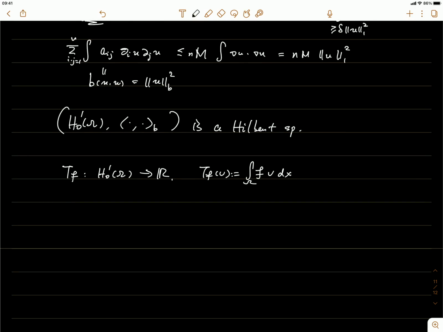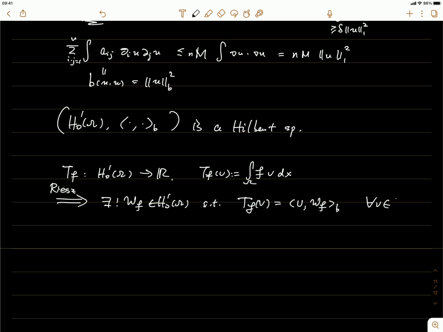Since it is a bounded linear functional, by the Riesz representation theorem, there exists a unique w_f in H_0^1 such that T_f(v) is equal to the inner product of v and w_f, using this B inner product, for any v in H_0^1.